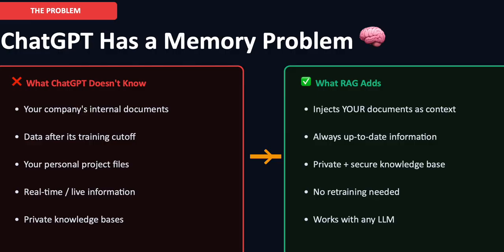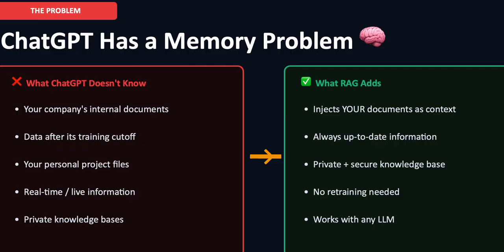They have no idea, because this information was never in any book they read. You ask them, summarize this PDF I just uploaded. Again, no idea. They have never seen it.